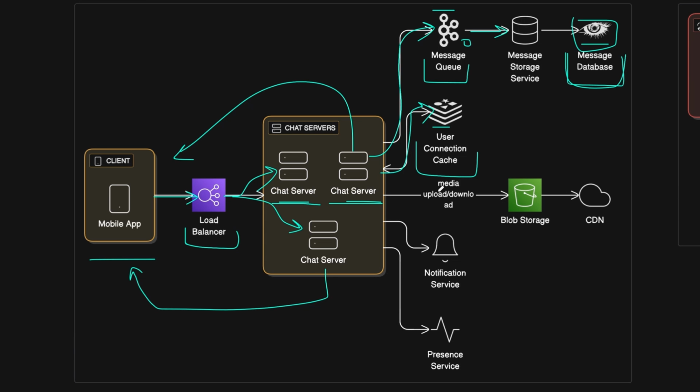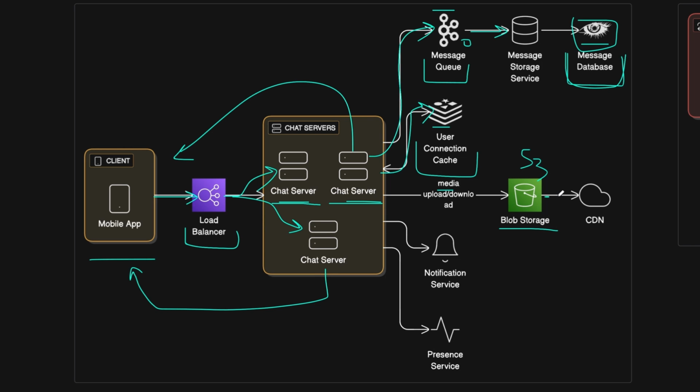In the requirements, we also have the requirement to store media files, like messages with voice notes or images. For that, we will use some sort of blob storage, like AWS S3 or Google Cloud Storage, which will hold the actual files.